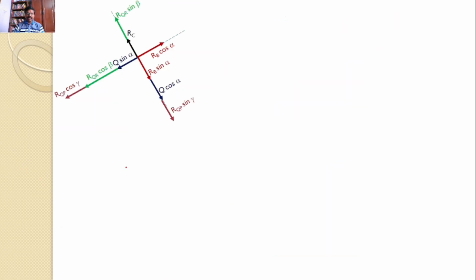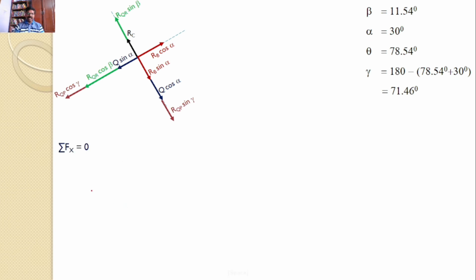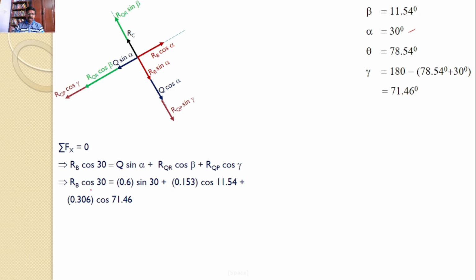Now let us apply the equilibrium equation sigma Fx is equal to 0 and sigma Fy is equal to 0. First I will consider sigma Fx is equal to 0. Now RB cos alpha, alpha value as 30. Hence RB cos 30 is equal to Q sin alpha plus RQR cos beta plus RQP cos gamma. Let us substitute all these values now. RB cos 30 is equal to Q value is given as 0.6, alpha value is given as 30.